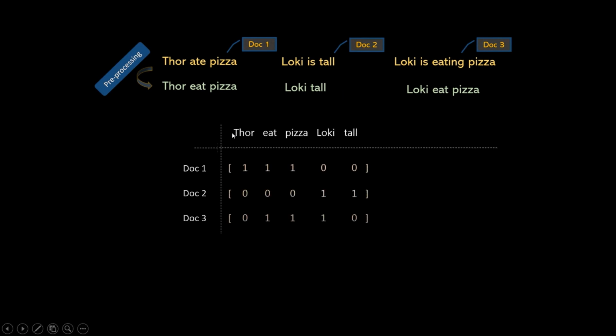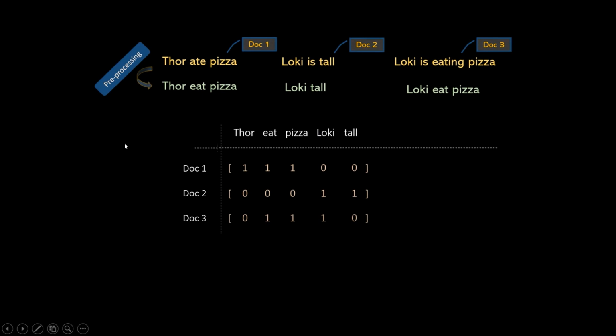The vocabulary is created with the individual words: Thor, eat, pizza, Loki, tall. Loki is already there, eat is already included, and pizza was also already included. This is the vocabulary created considering the unigrams, or we can call it the bag of word representation.